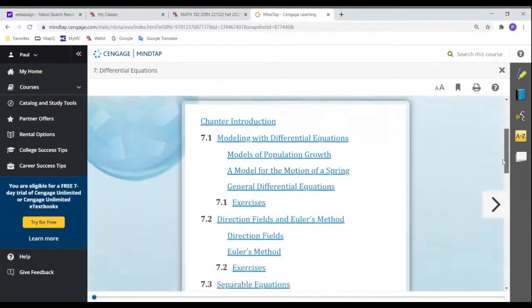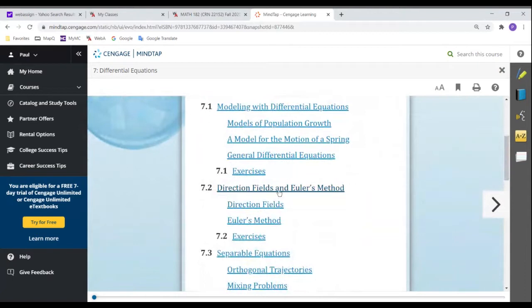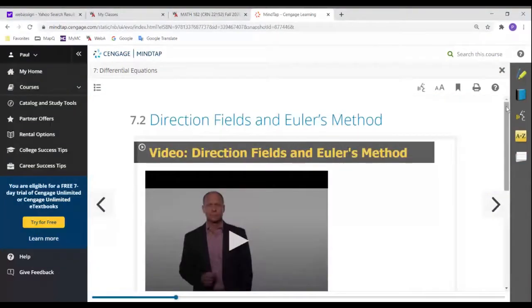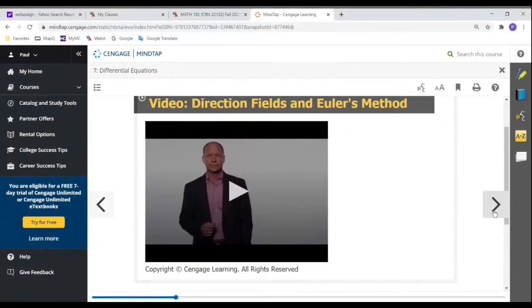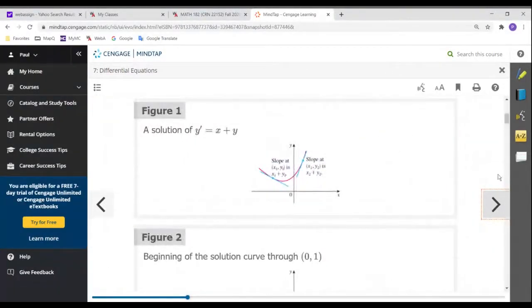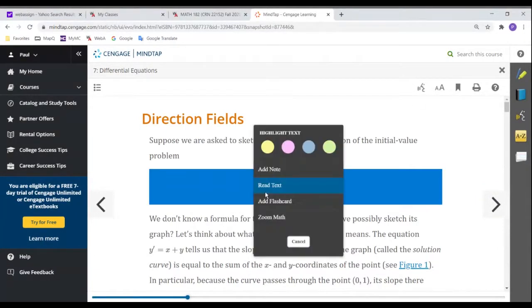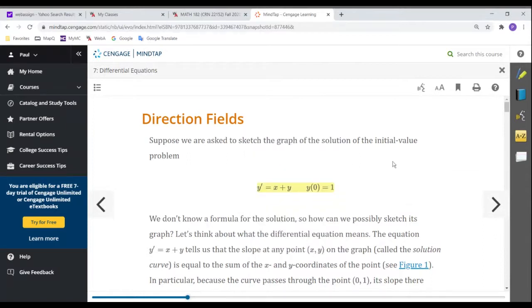So, what is a direction field? Okay, so let's talk about that. Now, again, the issue we have right now is that we have these differential equations, but we can't find solutions to the differential equations.